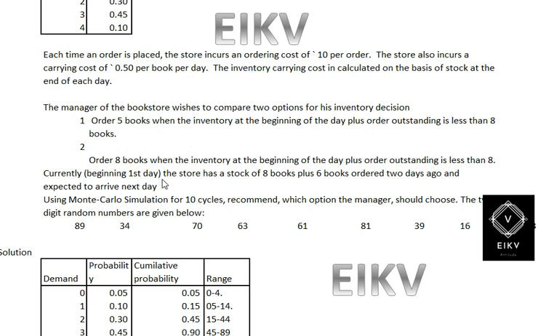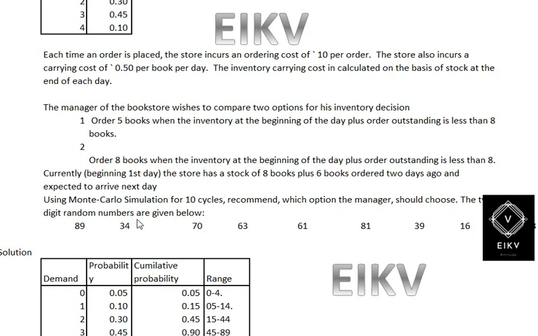Currently, at the beginning of the first day, the store has a stock of 8 books, plus 6 books ordered 2 days ago and expected to arrive the next day. Using Monte Carlo simulation for 10 cycles, recommend which option the manager should choose.